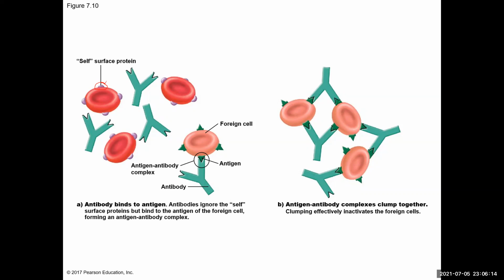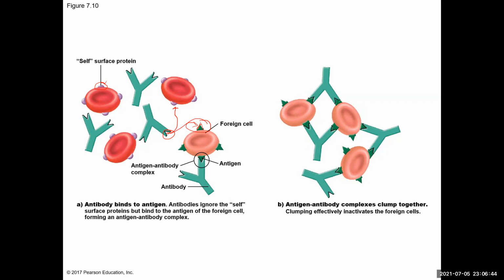And so it would only bind to a red blood cell that had this antigen, so this kind of pointy antigen, because that's the only site that antibody can bind to, right? So this antibody can't bind to the sphere shape, there we go, but it can bind to the triangular shape. And so those antibodies would attack and bind to all of the cells that had that specific antigen.